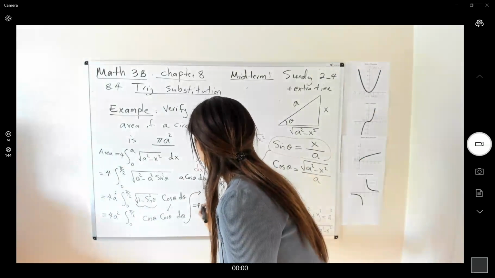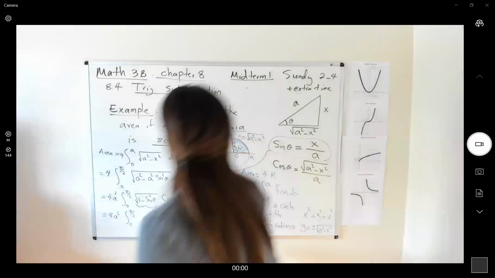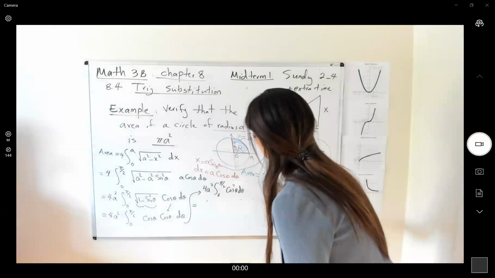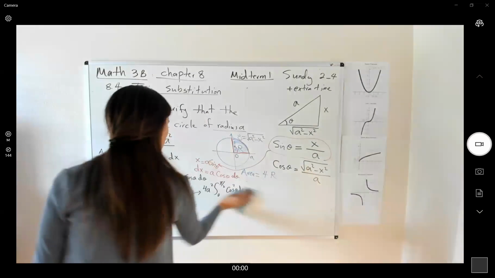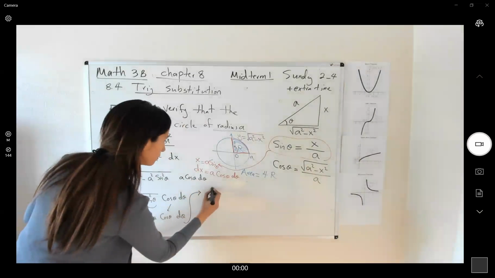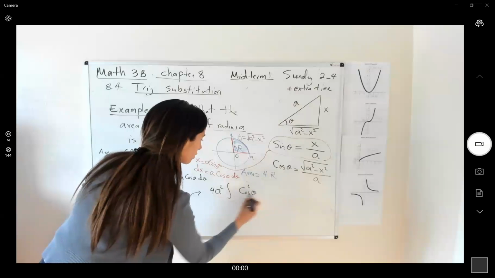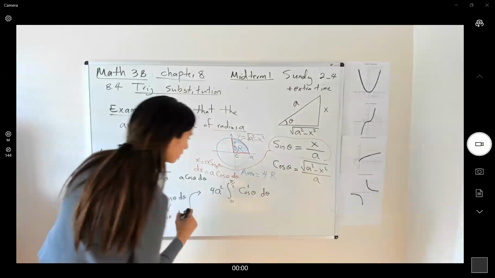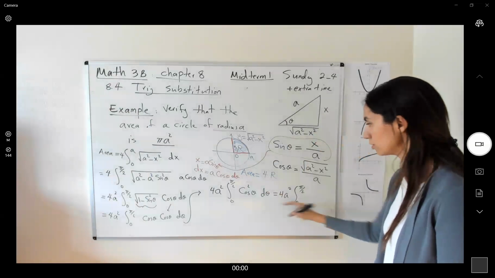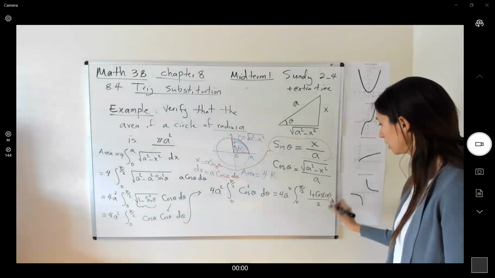So this is equal to 4a squared, the integral of cosine squared of theta 0 to pi over 2 d theta, which is equal to 4a squared 0 to pi over 2 1 plus cosine 2 theta divided by 2 d theta.